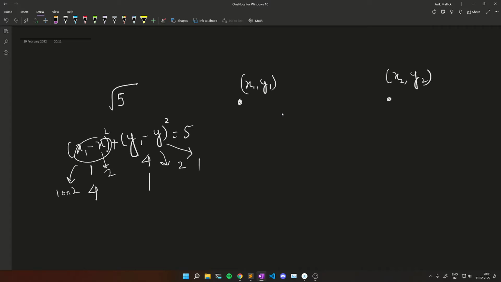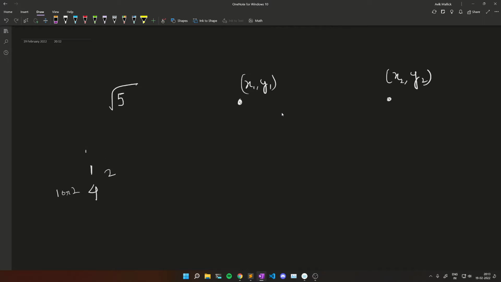So this way I try to discover all the possible combinations of points which are delta plus minus 1, delta plus minus 2 away, or delta plus minus 2 comma delta plus minus 1 distance away from x1 y1.